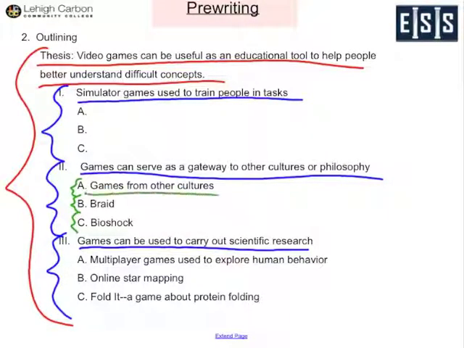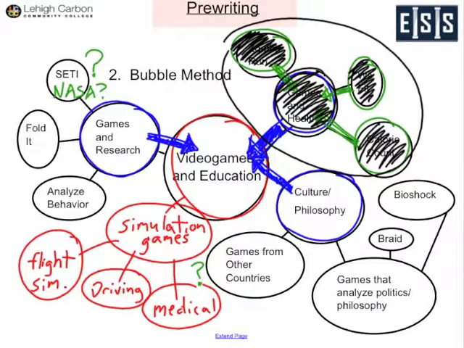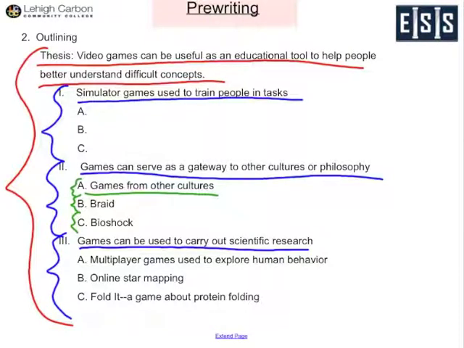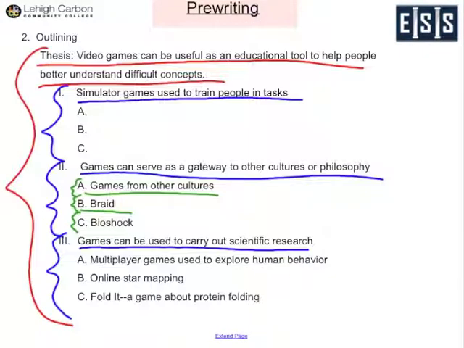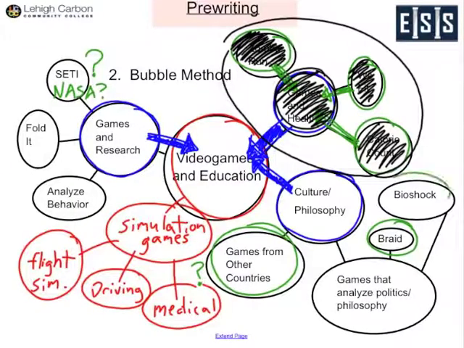There's games from other cultures, just like I had on the board here. I've got games from other cultures. So that's one subpoint. I've got the game Braid. I wrote that down here. And I've got the game BioShock. I'm going to talk about that. And its exploration of philosophy.